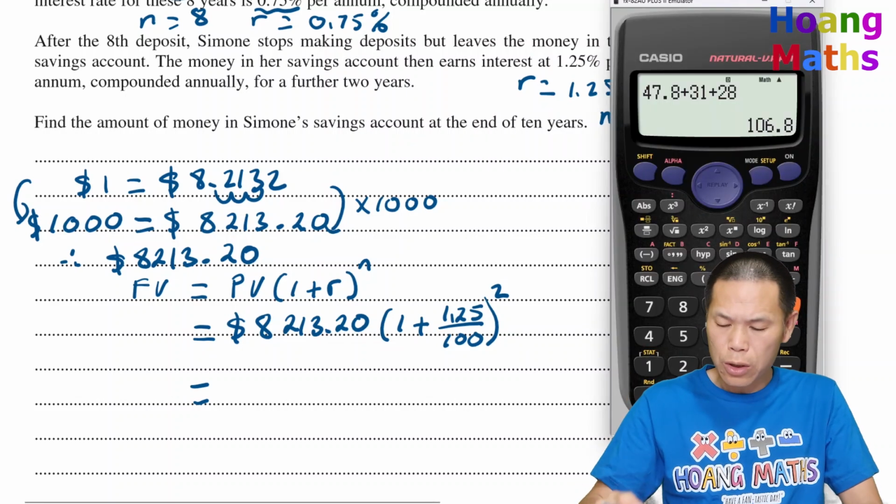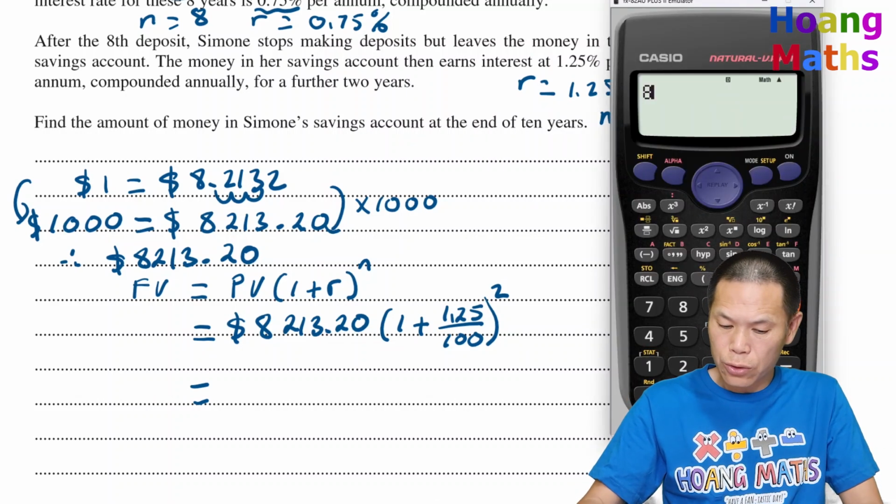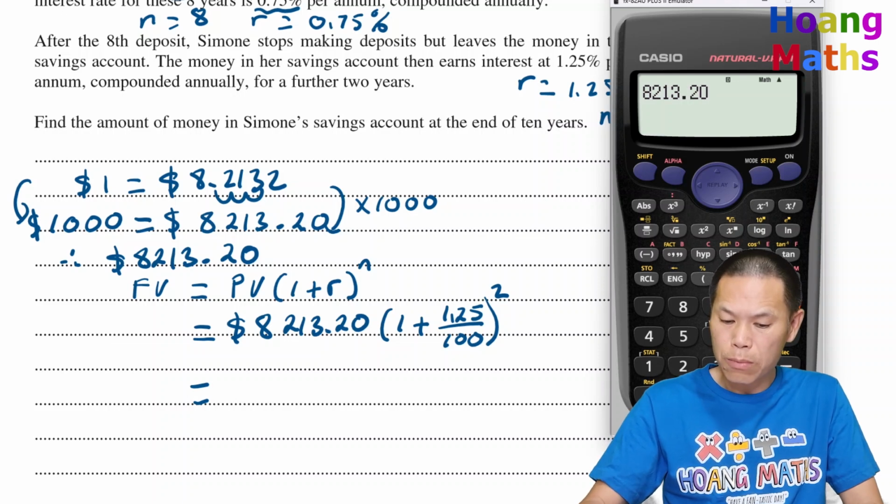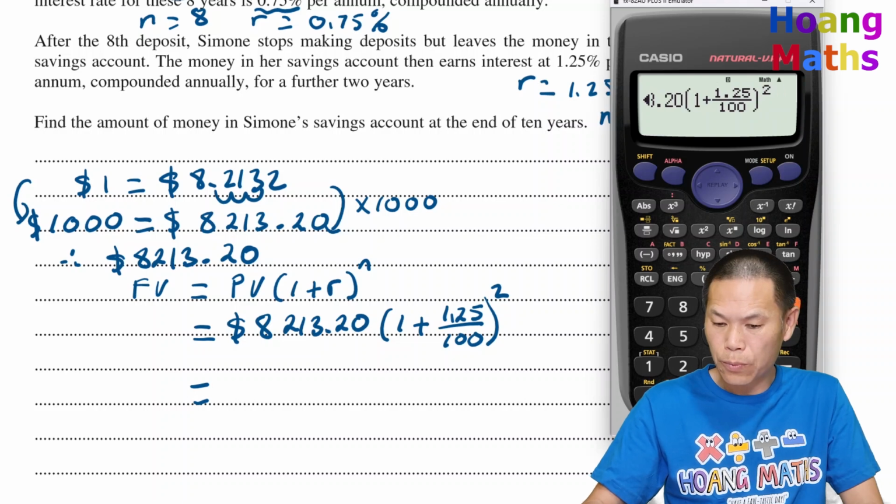So I just go 8213.20 times brackets 1 plus 1.25 over 100, close brackets, to the power of 2.